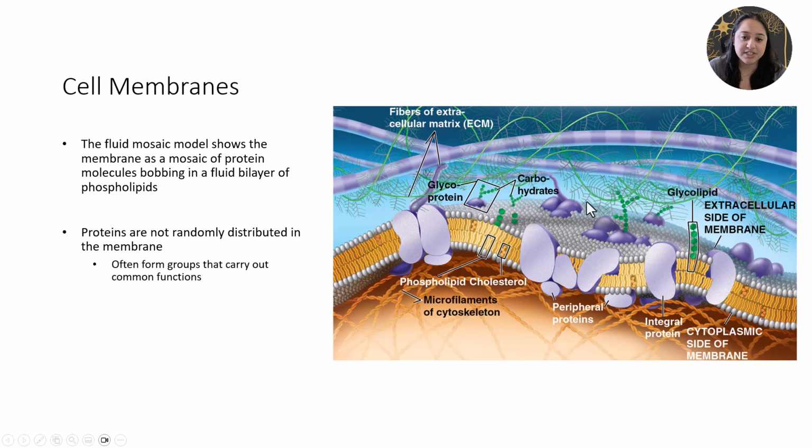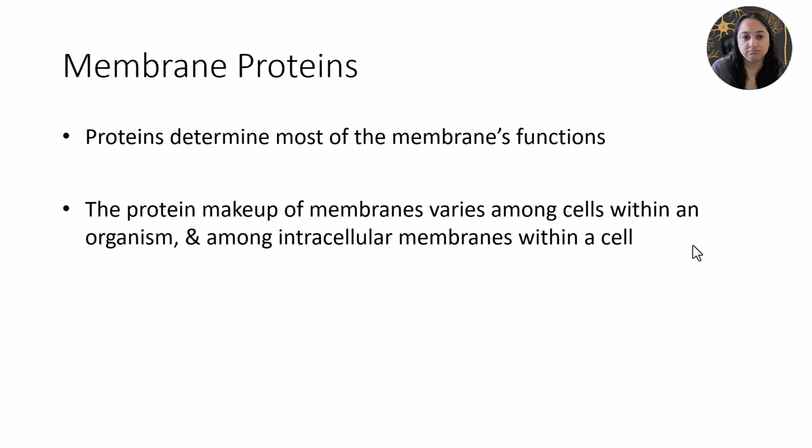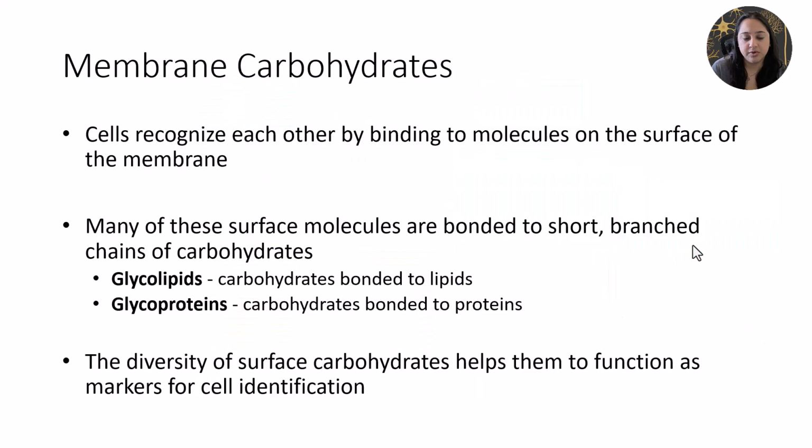You can see some proteins have stuff sticking out. A glycoprotein has carbohydrates sticking out. A glycolipid is a phospholipid with a carbohydrate sticking out. So there can be other things attached to parts of the membrane. That's what helps cells identify each other, based on what's sticking out.